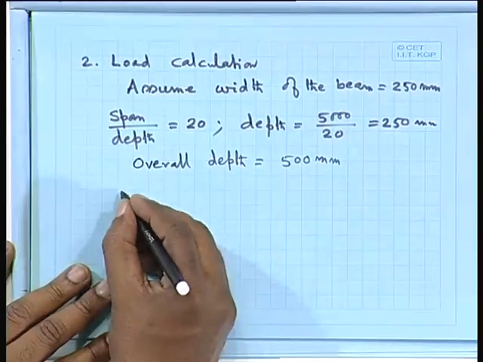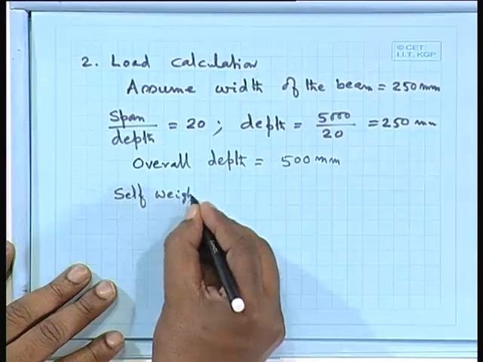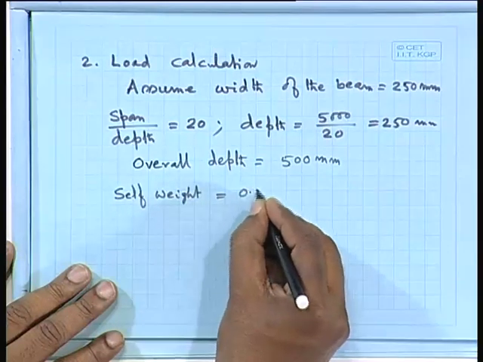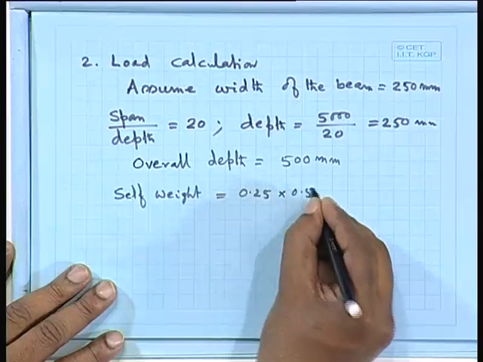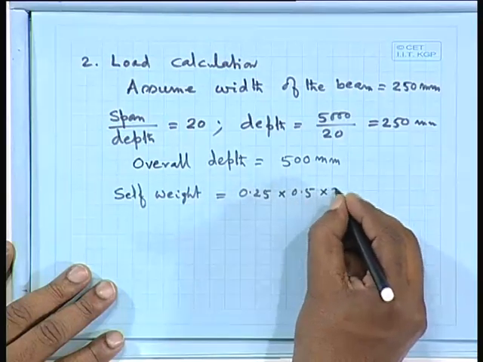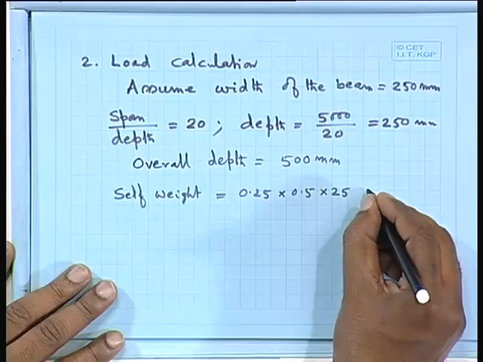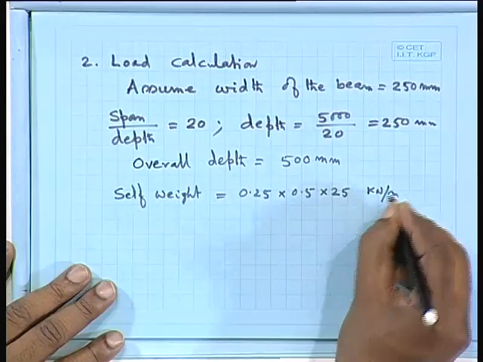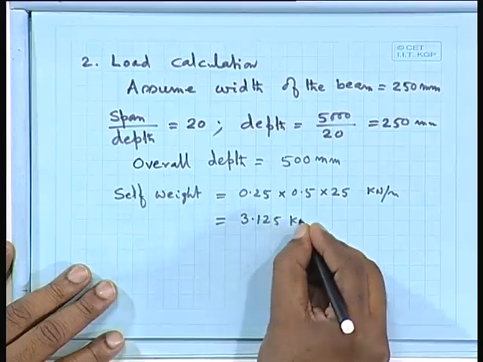So self weight: 0.25 is the width times 0.5 is the overall depth times 25 kilonewton per meter cube, which gives us 3.125 kilonewton per meter.